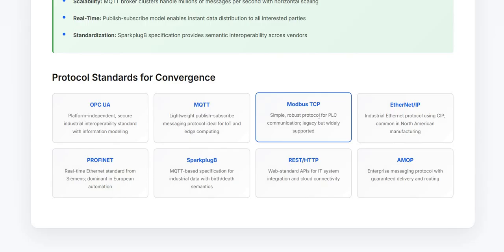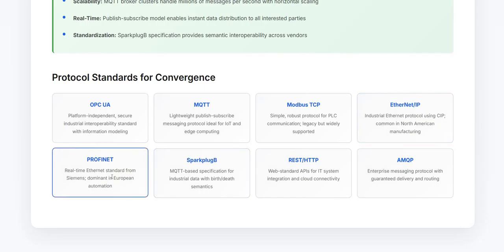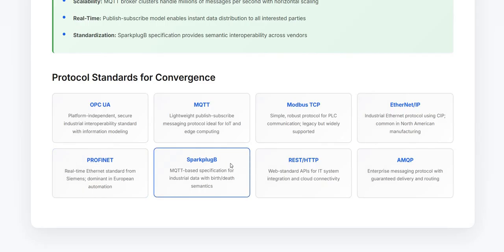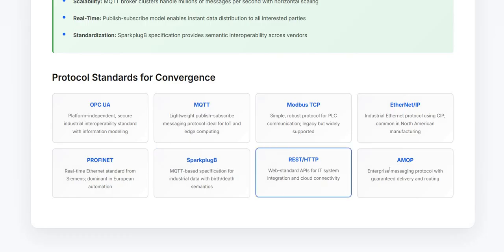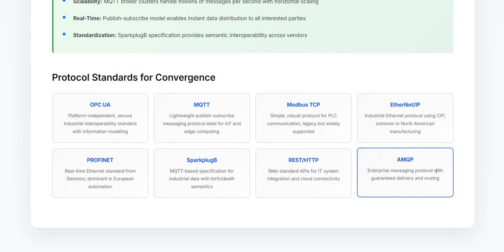Modbus TCP and EtherNet/IP remain common at controller level. And PROFINET dominates many European sites. Sparkplug B defines structure on top of MQTT. REST and AMQP support enterprise integration, and each protocol fits a layer rather than replacing all others.